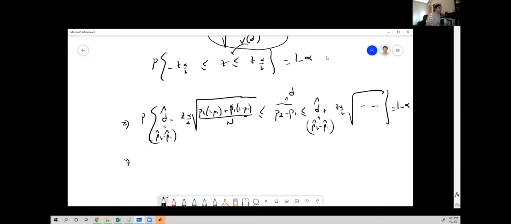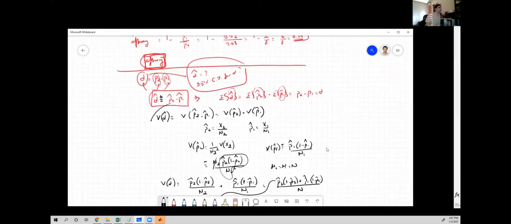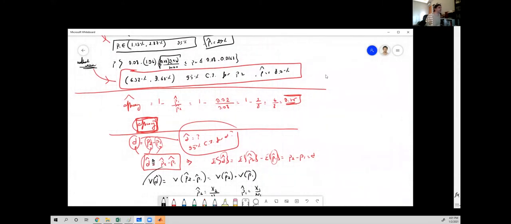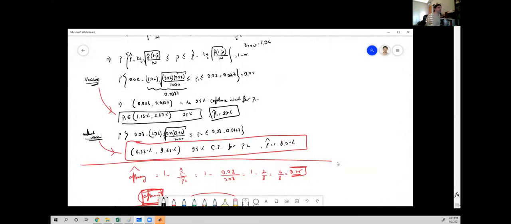Now, the probability that P2 hat minus P1 hat, 0.8, 0.2, I've forgotten the values. Let me check. Yes, it's so, 0.2, 0.8.